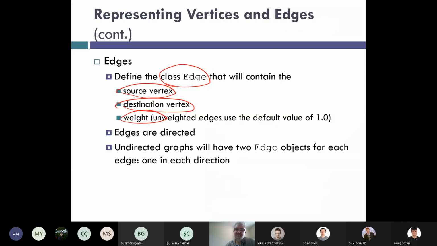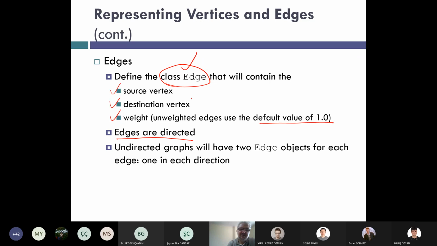Okay. So we are going to define this Edge class, which will have at least 3 data fields. Weight is the weight of the edge. If it is not specified, the default value of 1 will be used. And we will consider edges are directed.